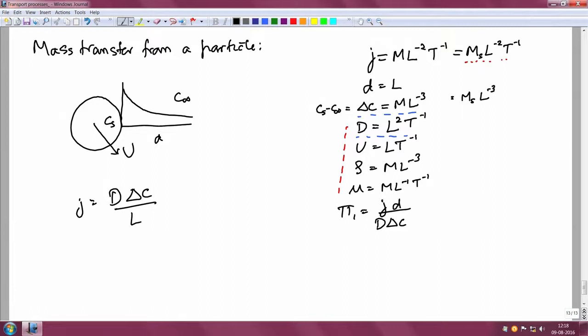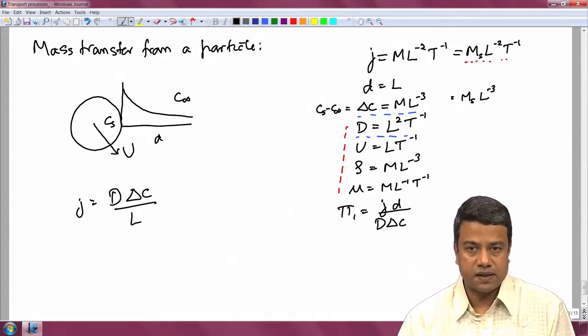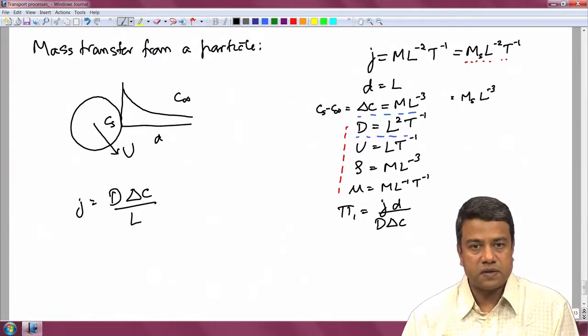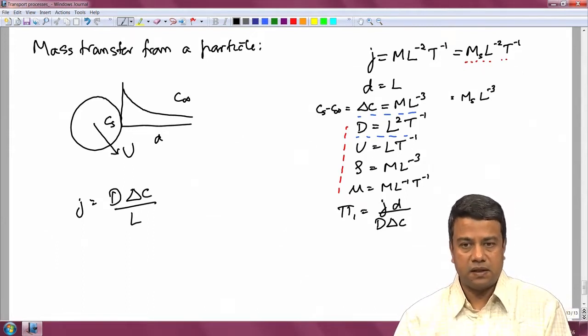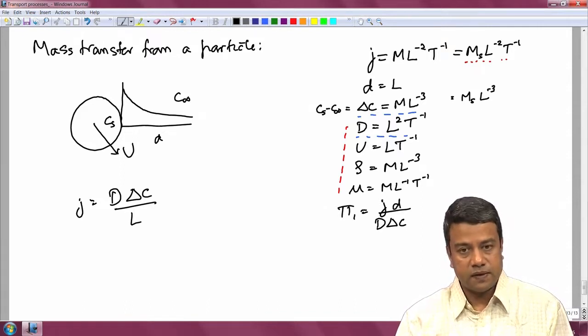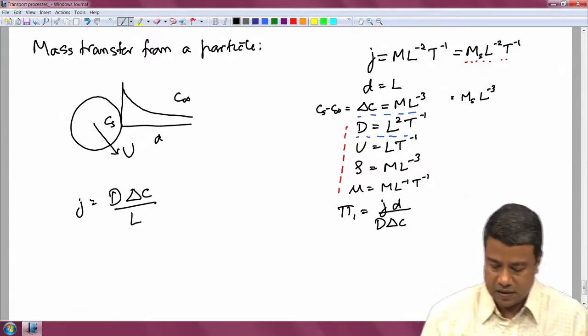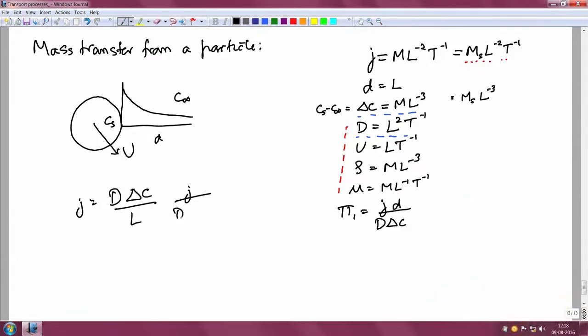However, the dimensions on the left and the right are the same. This law of diffusion is not valid for the entire system because the mass transport on the larger scale is affected by convection as well as diffusion. But however, the dimensions on the left and the right are the same. So if I scale J by something that is D delta C by d, I know that that would be dimensionless. So there is a first dimensionless number.